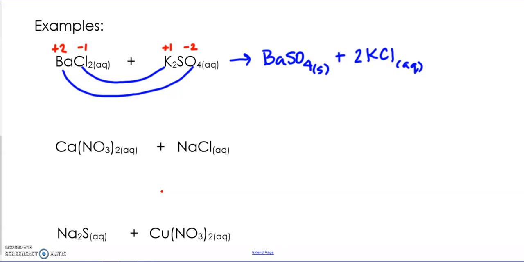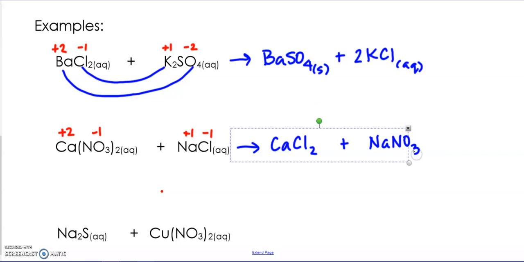All right, let's try another one. Calcium is +2, nitrate's -1, sodium's +1, chlorine's -1. So here, we're going to get calcium combining with chlorine. So that's going to be CaCl2. And then we're going to get sodium with nitrate. So NaNO3.